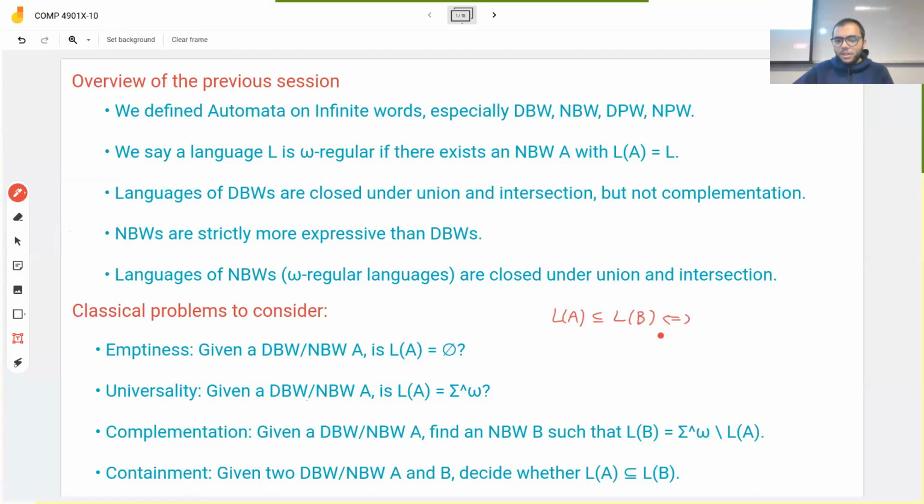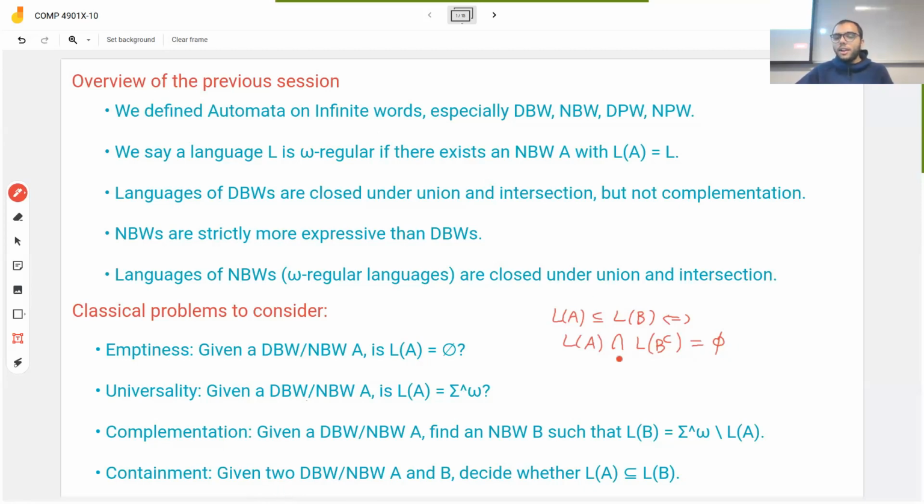This happens if and only if the language of A has no intersection with the complement of the language of B. But that's the language of B complement, if I can compute B complement. So this should be empty. So basically, if I can do complementation first, and then intersection, and then emptiness, I can answer containment.